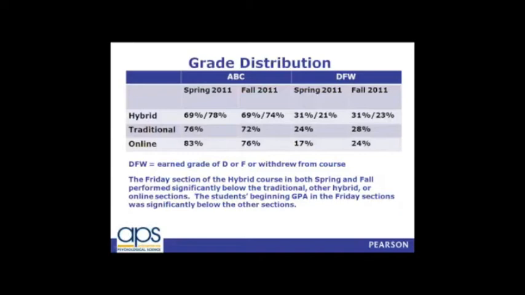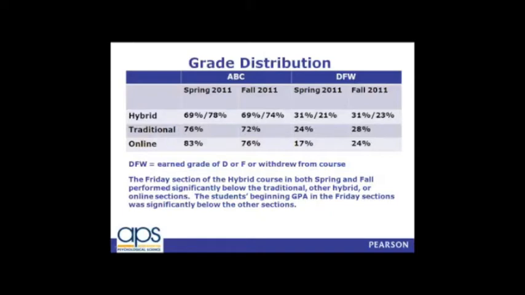In the hybrid section, there are two numbers, and this is because of an anomaly we found in spring 2011 and in fall 2011: in both cases, the Friday class performed well below the Monday and Wednesday hybrid class.